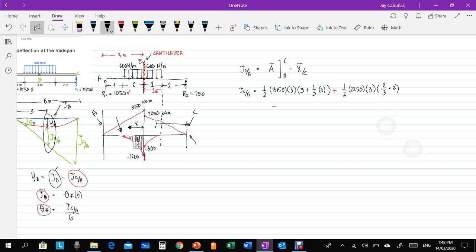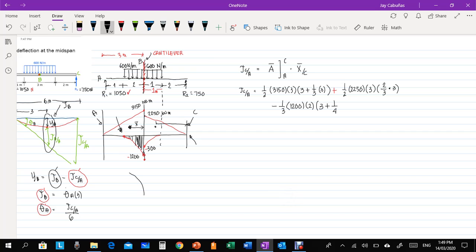The area is just 1/3 times 1,200 times 2, then the location of the centroid of that area from point C, that is just 3 plus 1/4.